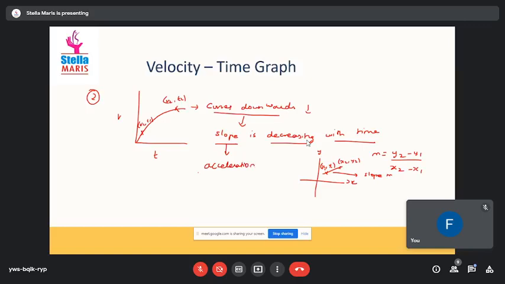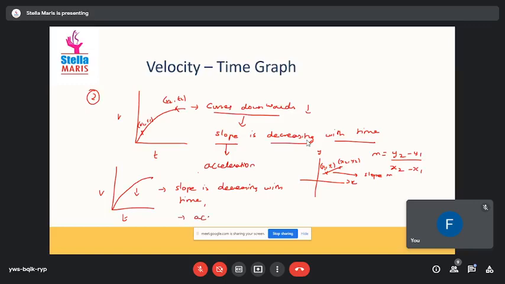Acceleration, right? So when you get a velocity time graph and the curve is in the downward direction, you can say the slope is decreasing with time. Slope is decreasing with time.